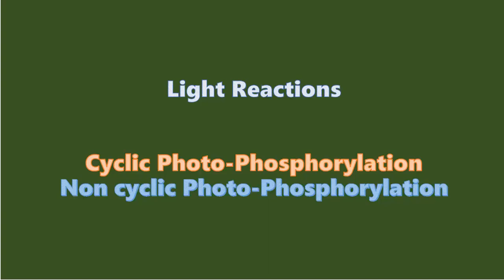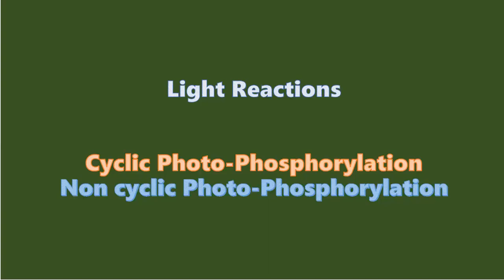In plants, light reactions are divided into two types. One is cyclic photophosphorylation, another one is non-cyclic photophosphorylation. Why is the word photophosphorylation used? Phosphorylation is synthesis of energy, that is ATP. Photo means that for the synthesis of ATP, plants use sunlight.